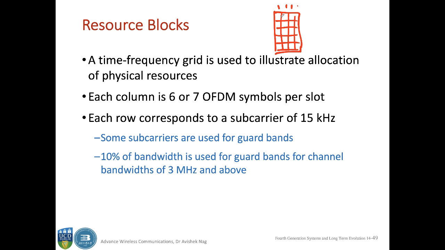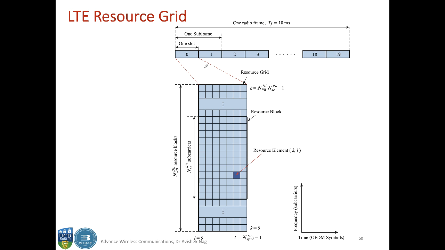Each of these columns will be 6 or 7 OFDM symbols per slot, and each row corresponds to a subcarrier of 15 kilohertz. So this is how a resource block looks.